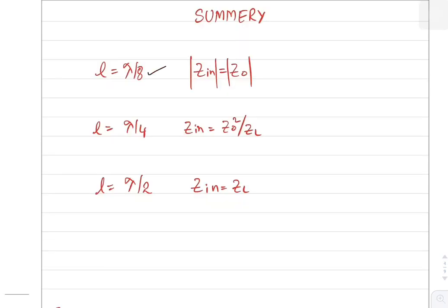If the length of the transmission line is lambda by 8, then the magnitude of input impedance is equal to the magnitude of characteristic impedance of the transmission line, which means the magnitude of input impedance is independent of load. If the length of the transmission line is lambda by 4, then input impedance equal to ZO square by ZL, which means there is a relationship between input impedance of the transmission line and the load impedance.